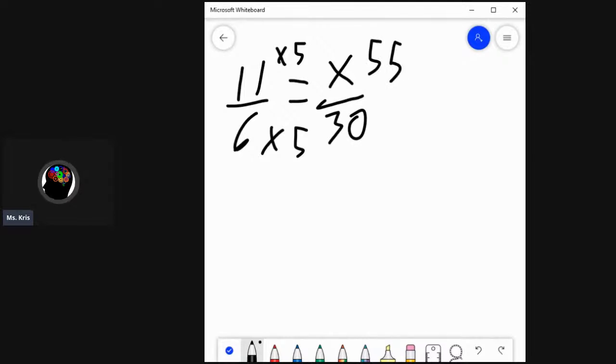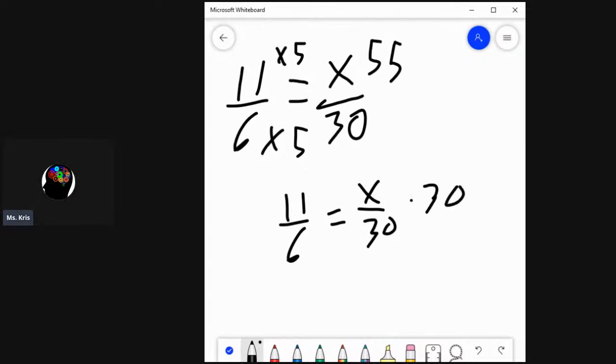You also can multiply both sides by 30. And that will give you 330 over 6.